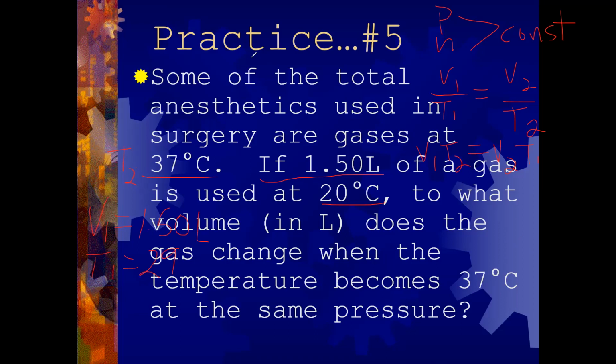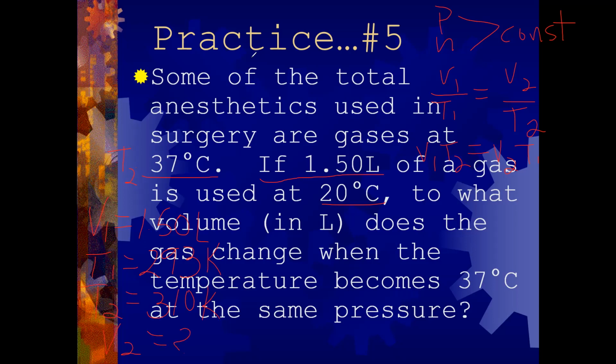So we have to change it to Kelvin. T2 is going to be equal to 37 plus 273. I just use 273, I don't like the 0.15. And that's equal to 310, which means that V2 is the unknown.